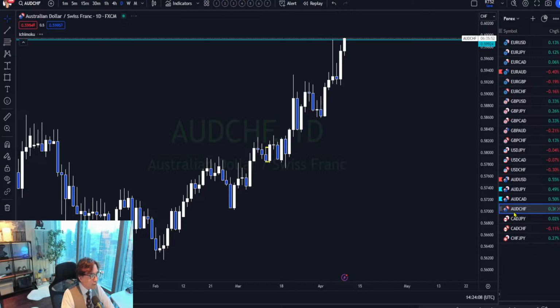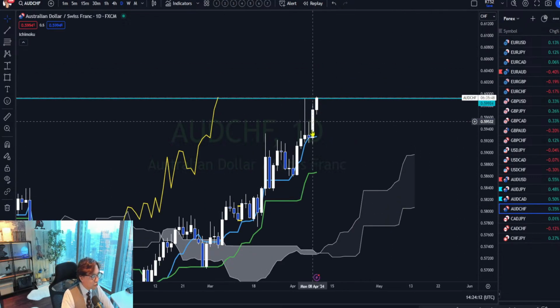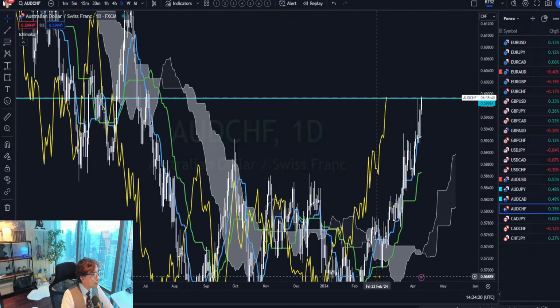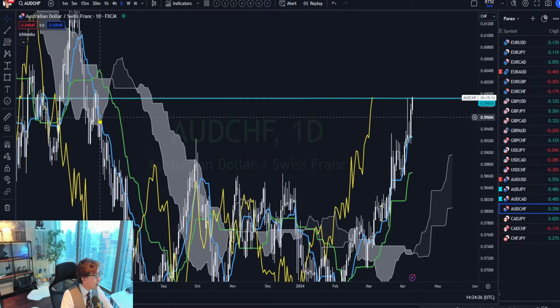And AUD Swiss franc has been bullish because of the strong AUD. It's bullish and it's about to break the resistance of 0.5992. Yeah, so this is the new high ever since July last year.